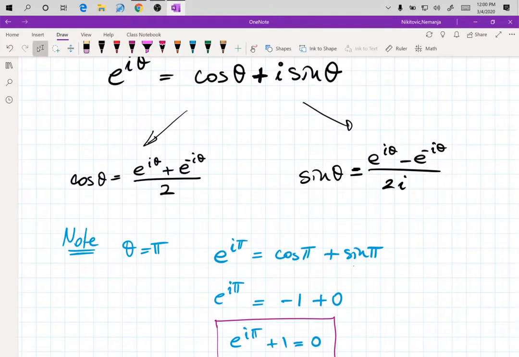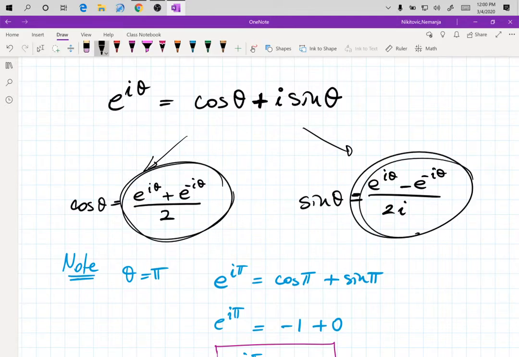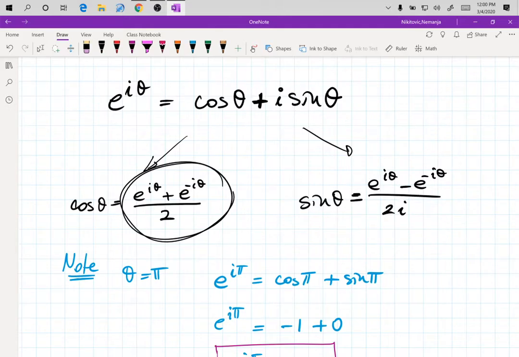There we go. Because that i cancels the other i, and okay, good. You see that this one does not have i in the denominator, this one does, and that i is the one that cancels this i. So make sure you have it there. I dropped it also here. But the reason why it worked out to be correct is because sine of pi is 0, so i times 0 is 0. I dropped that i there, and that's an issue. All right, that's called Euler's formula.